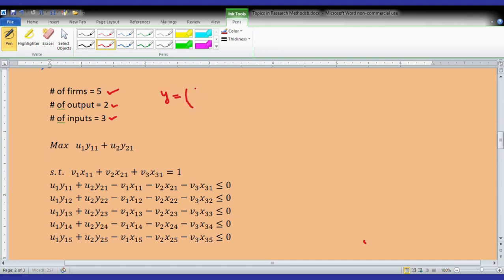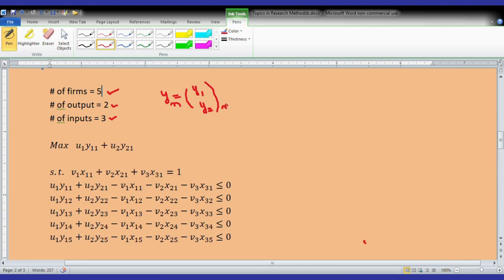So there are 2 outputs. So output 1 is y1, output 2 is y2, and then we put a subscript n here to indicate that this is the output vector of the nth firm.